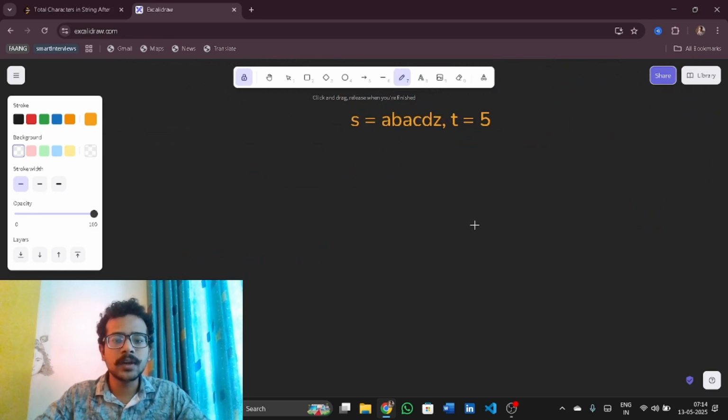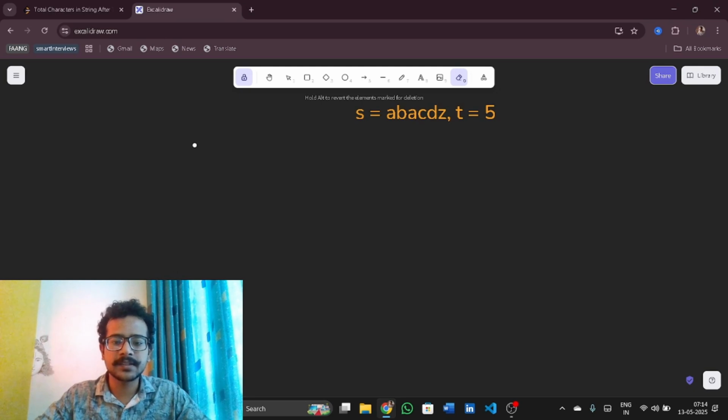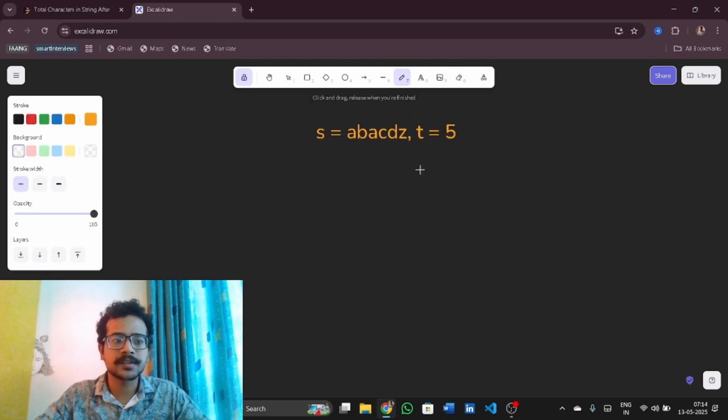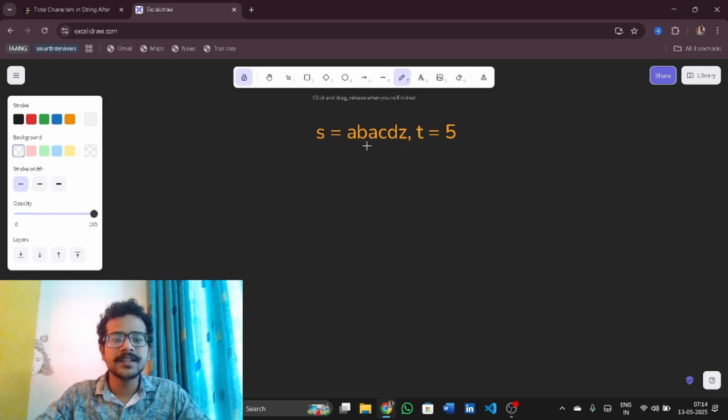Now let us look at an example to understand this question. Here we are given a, b, a, c, d, z, and t is equal to 5. We will be doing this operation 5 times, for 0, 1, 2, 3, 4.